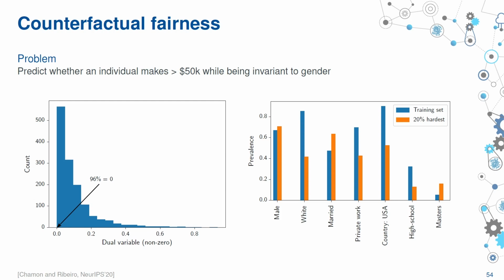So the blue bar tells you how many members in the data set have this property, for example, how many members in this data set are married. The orange bar tells you how often this category appears among those people that are associated with large Lagrange multipliers. And for example, you see that married people require stronger Lagrange multipliers. People with master's degrees require stronger Lagrange multipliers and whatnot.